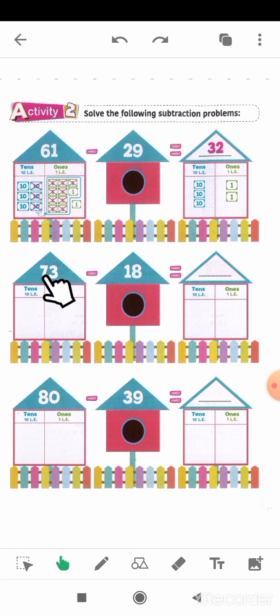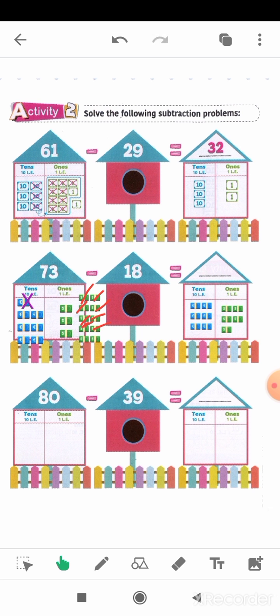I have 73, and I want to take 8 from the ones, which is 3. I can't. I will take 1 paper from the tens and make it a 10 paper here. So I take 1, 2, 3, 4, 5, 6, 7, 8 and the rest will be 1, 2, 3, 4, 5.